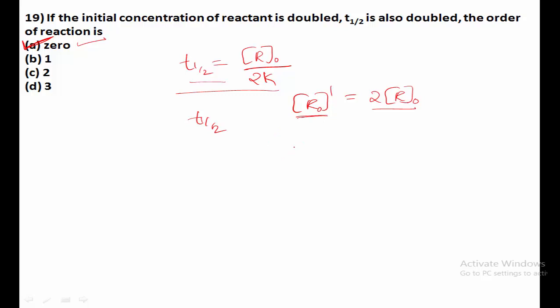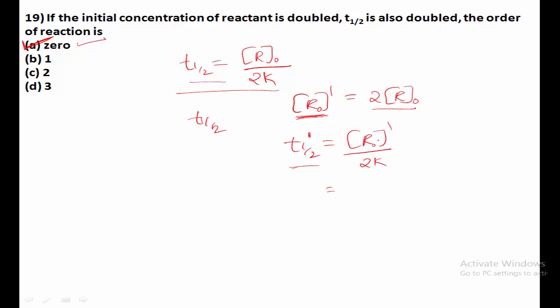Now before substituting, how will you write the half-life for this concentration? T half dash is equal to R naught dash divided by 2K. T half dash means the half-life when the concentration is R naught dash.